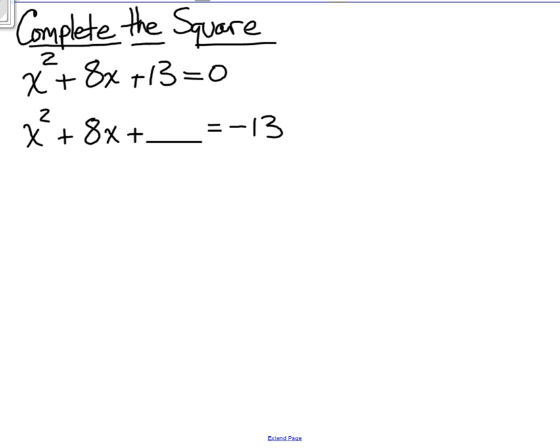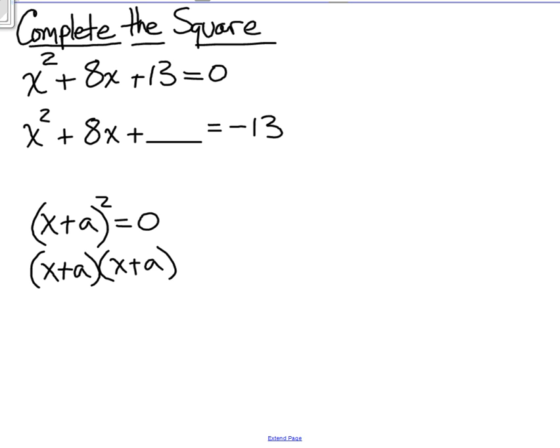Now, side note, if we start with (x plus a) squared and multiply that out, depending on how comfortable you are doing this in your head, you can skip this step.